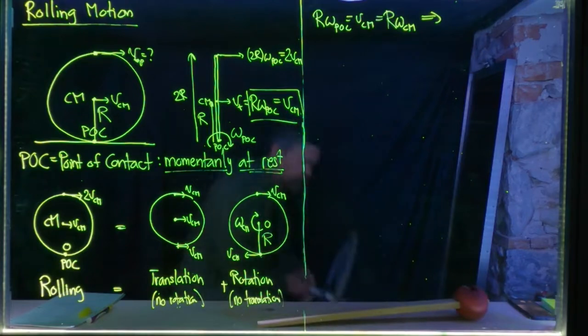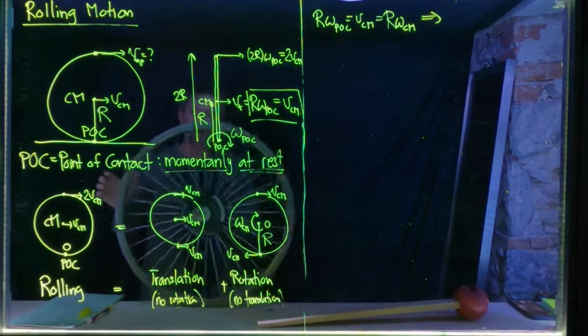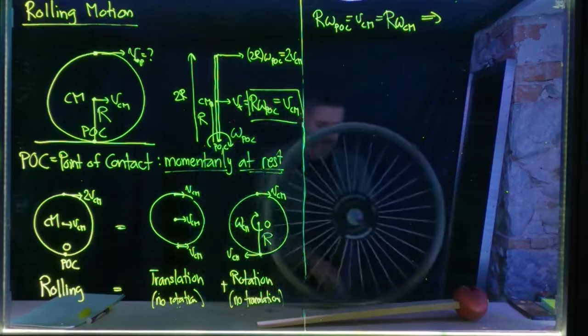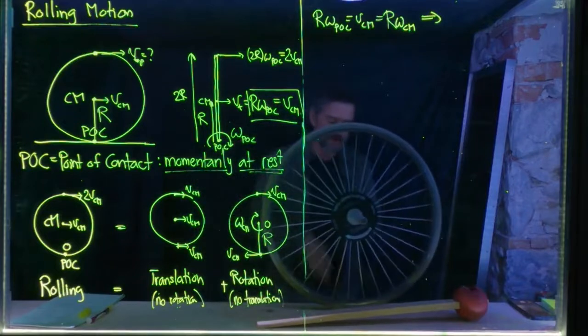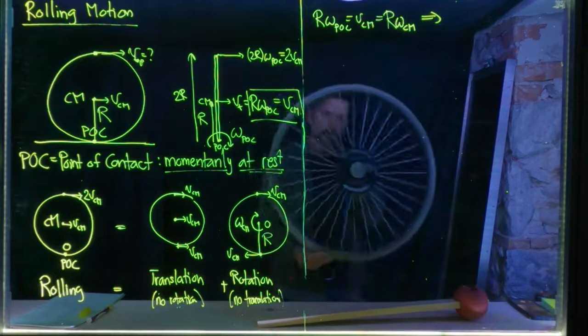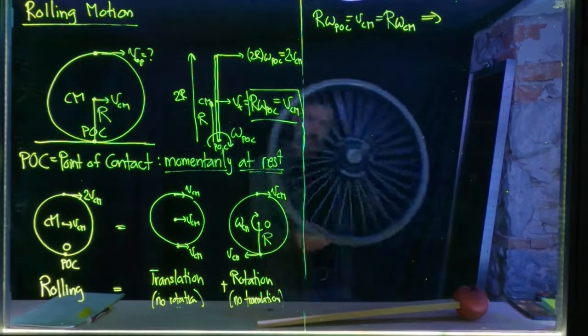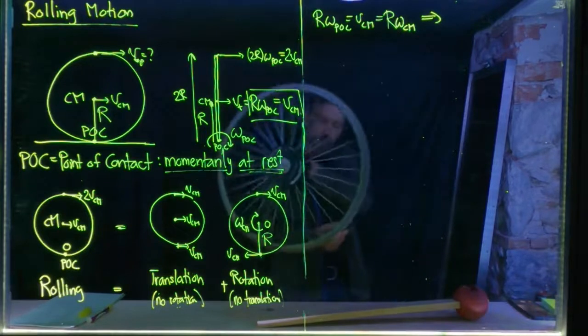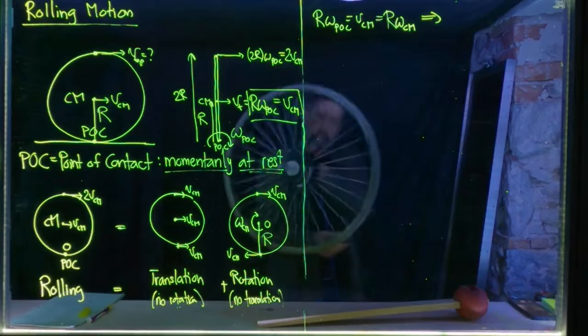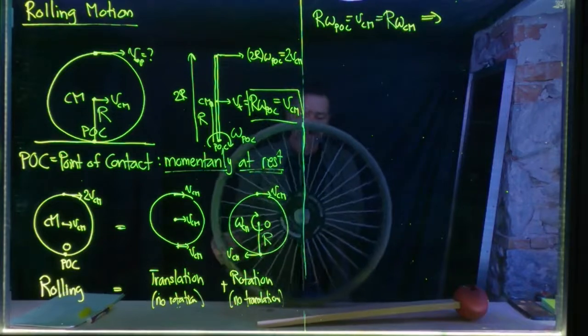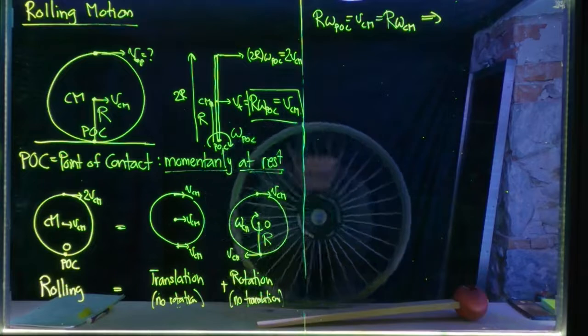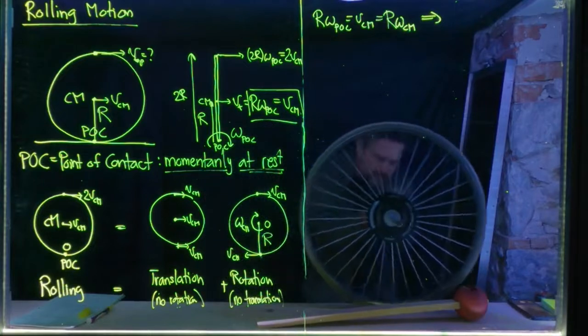So when the wheel is rolling like this, the point of contact is momentarily at rest and the wheel is doing this. It's rotating with some angular velocity about the point on the bottom, and that's omega point of contact. But also, from the point of view of someone riding along with the wheel, they say, oh, around the center of mass point, that thing's rotating with an angular velocity omega cm.